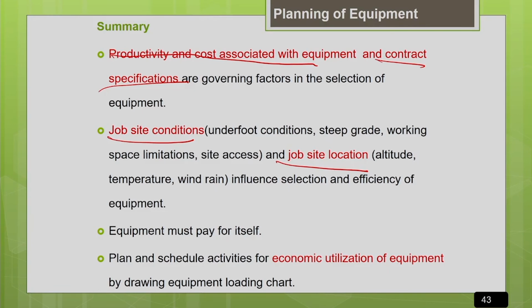After selecting and purchasing the machine, we have to plan for its economic utilization, so we discussed resource constraint scheduling and how to use the equipment loading chart for the economic utilization of equipment. So with this I have come to the end of the planning of equipment.